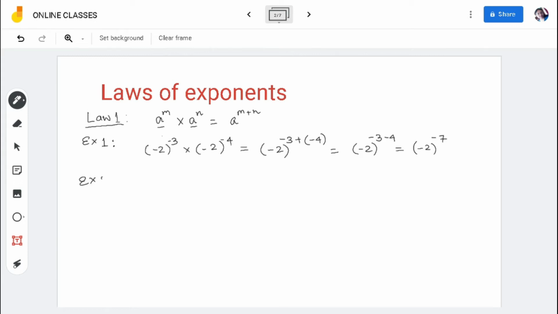Now let's see one more example of it. Example number 2. Just suppose we are given with 3 to the power 2 into 3 to the power minus 5 into 3 to the power 6.